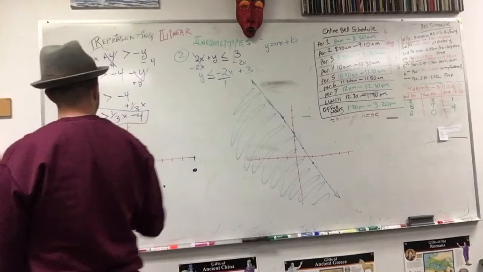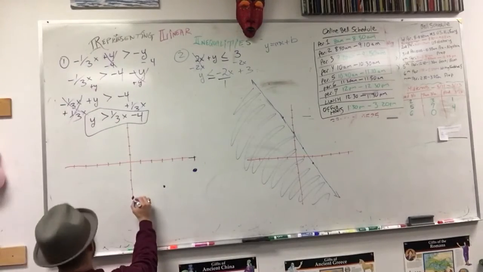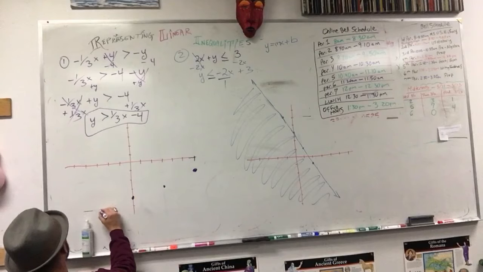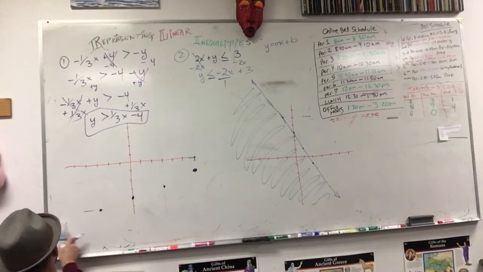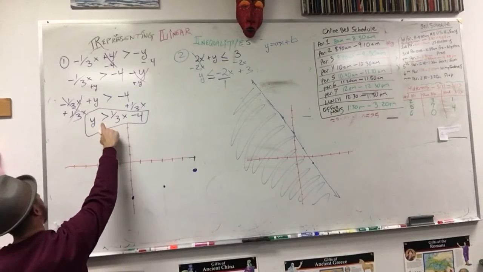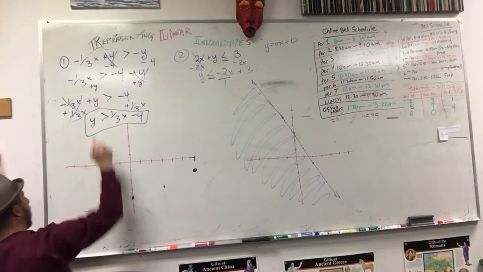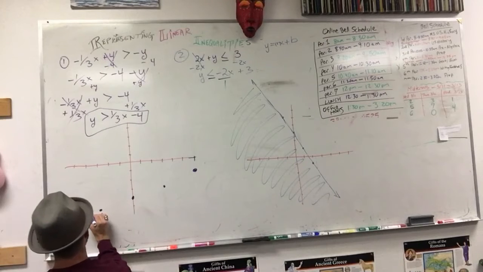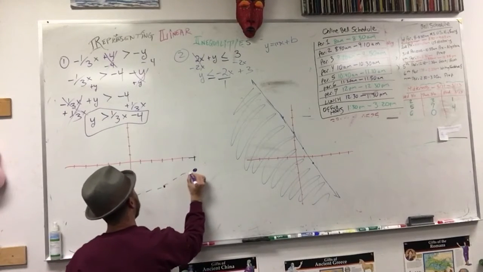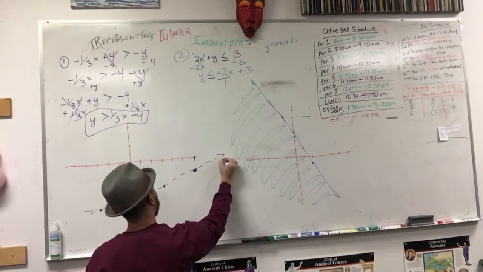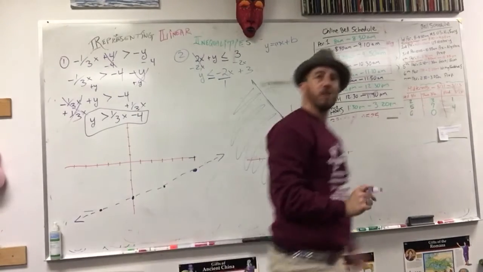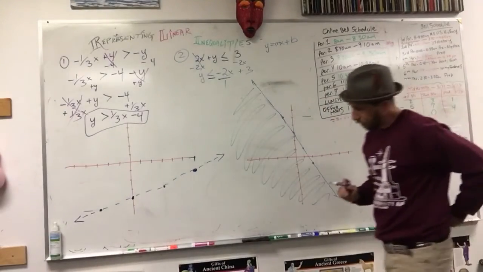And again, we could just go down from our y-intercept, down 1 over 3, and it'll still be a part of our line. We don't have an equal sign. We're not greater than or equal to, so we need a dotted, dashed line to indicate that information. And again, if you have a straight edge, you can do this a lot neater than I am doing it.